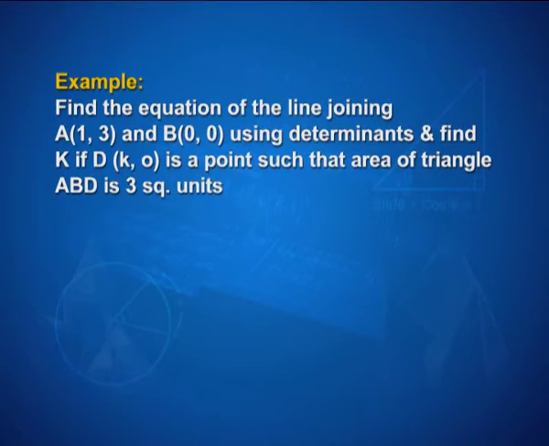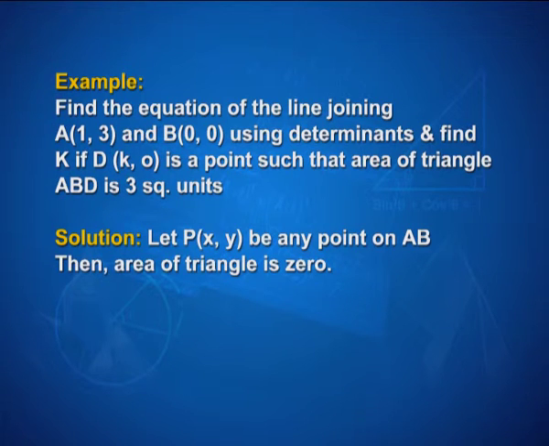Now, let us solve another interesting problem. Find the equation of the line joining points A 1, 3 and point B 0, 0 using determinants and find k if D k, 0 is a point such that area of triangle ABD is 3 square units.